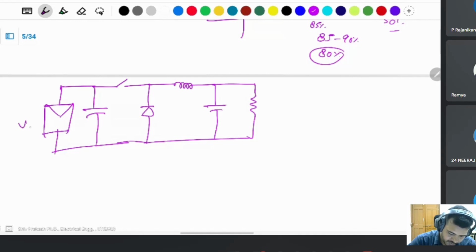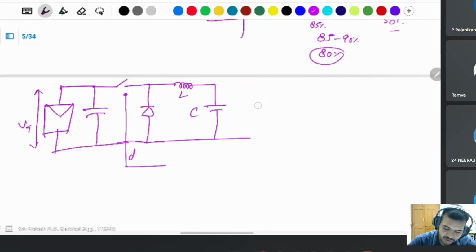The terminal voltage VT. The switch will turn off and turn on according to the duty cycle. The load can also be a battery to charge the battery.